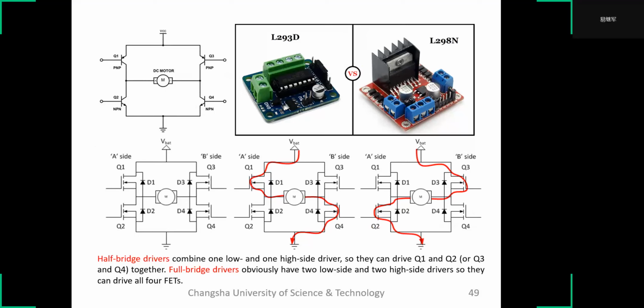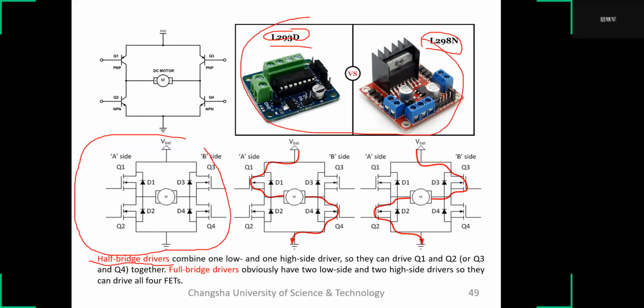If you don't want to use the L293D or L29HN, you can just use transistors to make an H-bridge driver. You can make the H-bridge driver by yourself and replace the two ICs with the H-bridge driver.